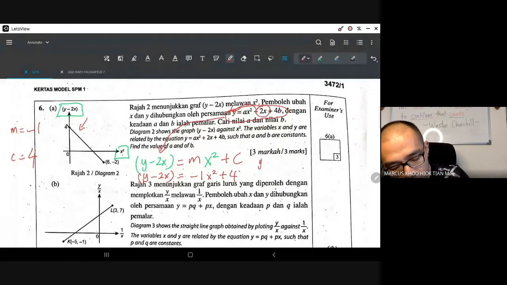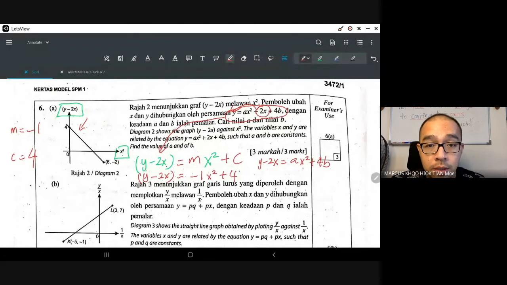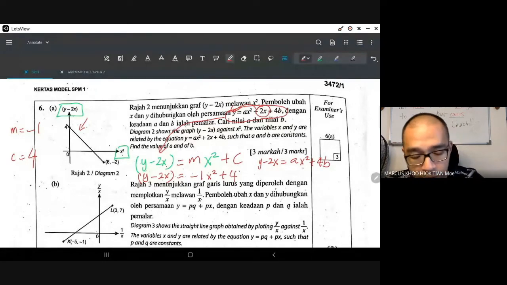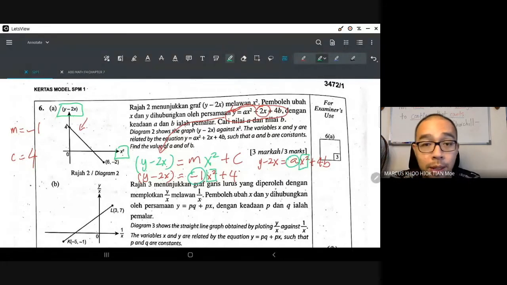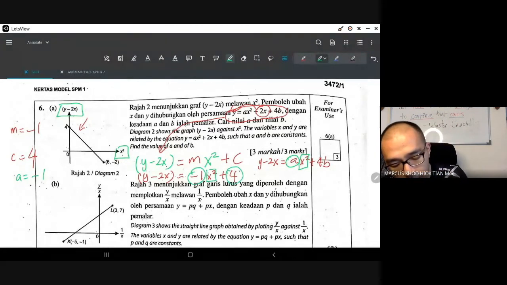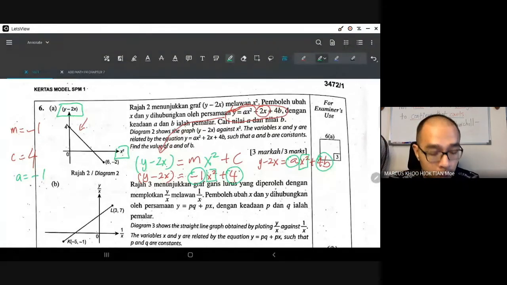So, y minus 2x equals to ax squared plus 4b. Now we compare. We see x squared here and x squared here. Therefore, a equals to -1. And 4b equals to 4. So if 4b equals to 4, b equals to 1.